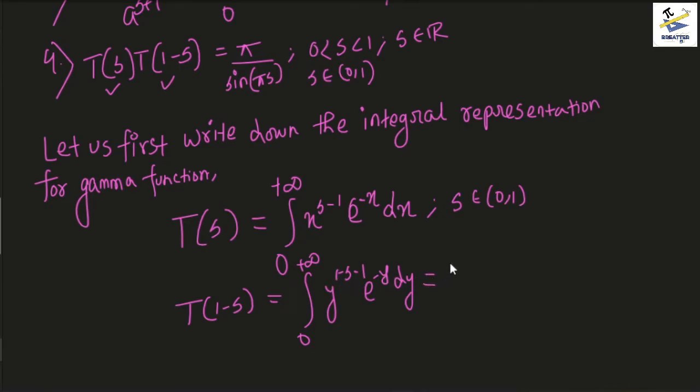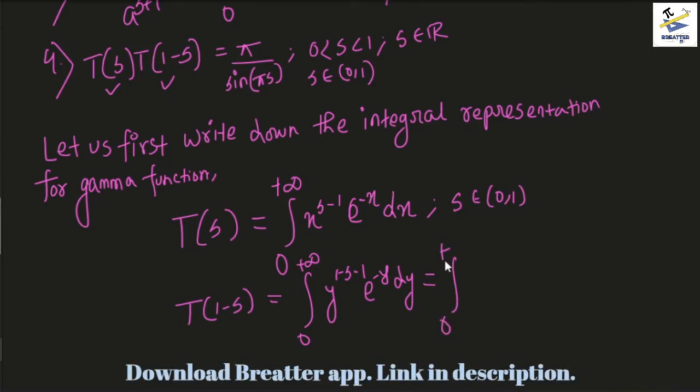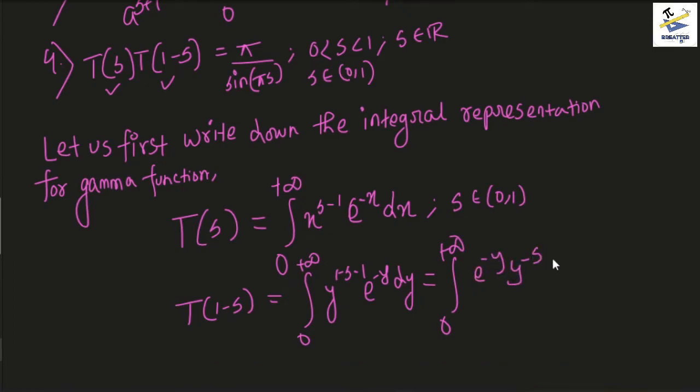This will give us the integral from 0 to positive infinity of e to the power minus y into y to the power minus s dy. So this would be a representation for the integrals.